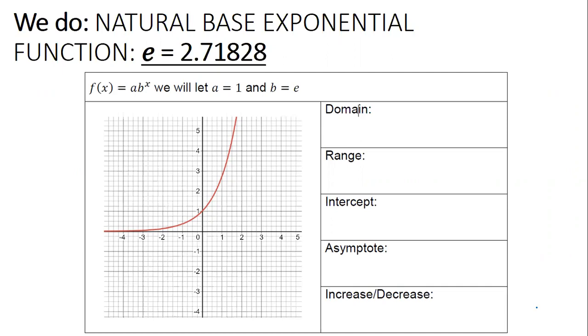But instead of writing that out, we just have e. And so this is called our natural base exponential, okay? So our function here is f of x equals 1 times e to the x. And again, e is a number, just like pi is a number. They have value.